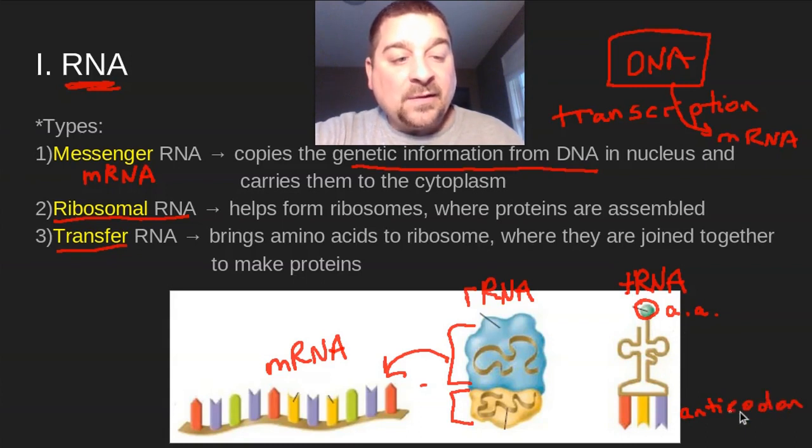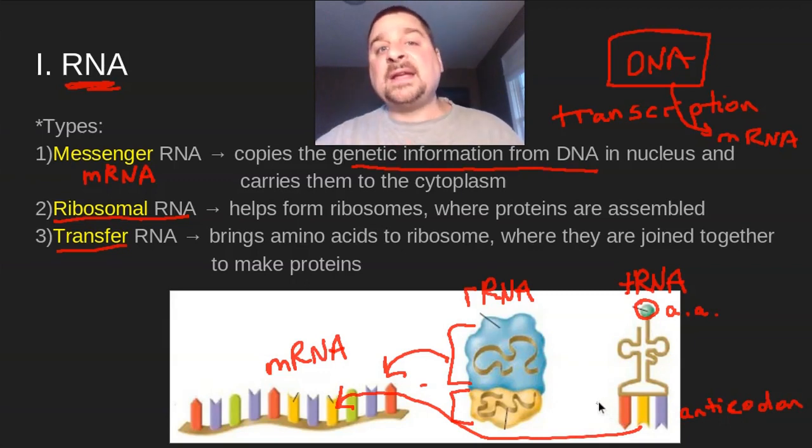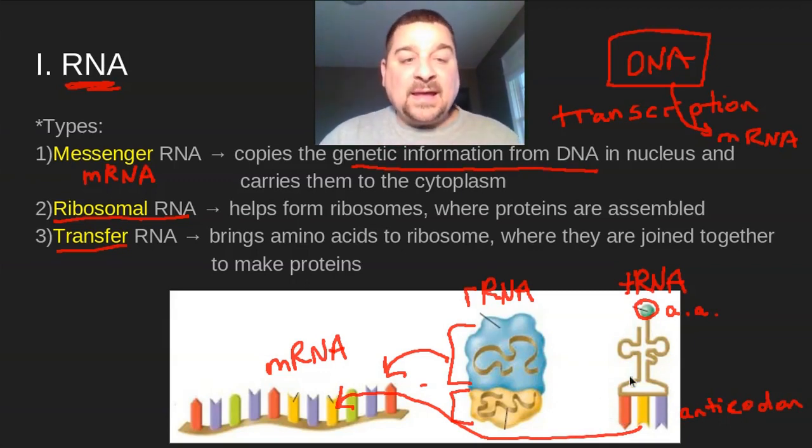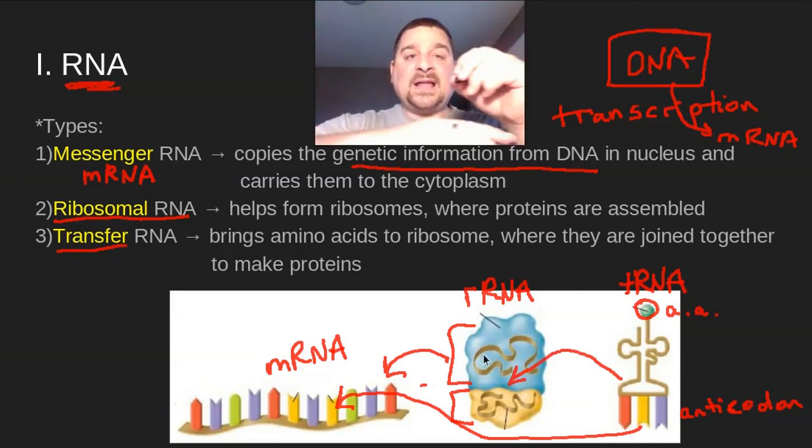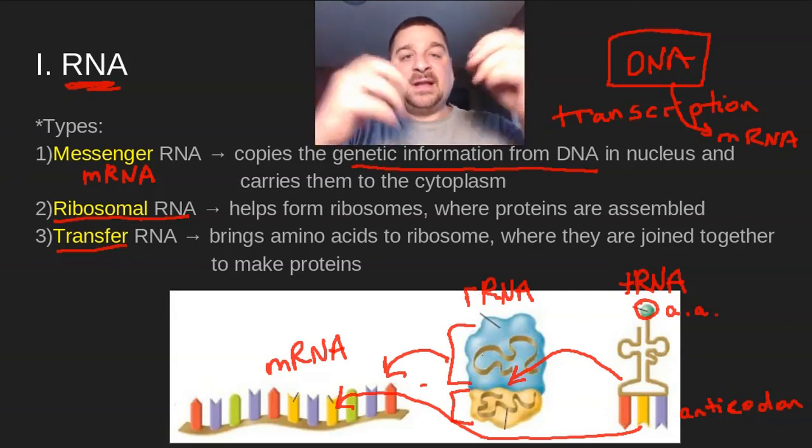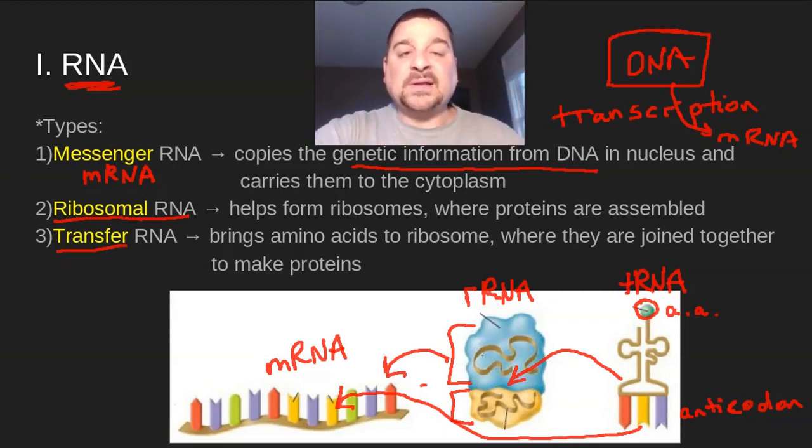But they have an anticodon, okay, which matches up with the codon or the code here on the mRNA, and they read the code on the mRNA, which originally came from the DNA, and they're brought in here to the ribosome, and it just kind of all slides along, and the tRNAs bring in the amino acids and join them together and build that protein. Because remember, proteins are built from amino acids, and they're read with the tRNA, the rRNA, and the mRNA.